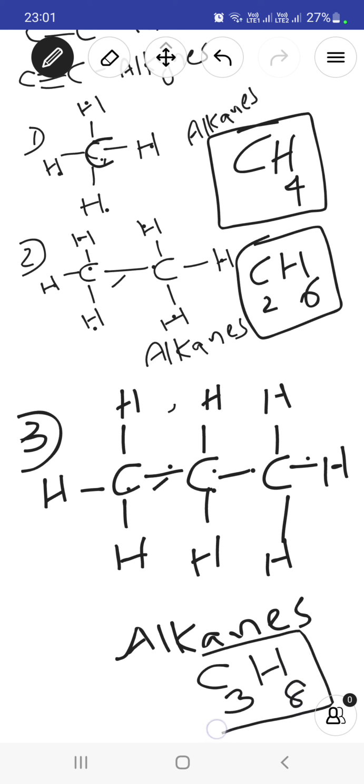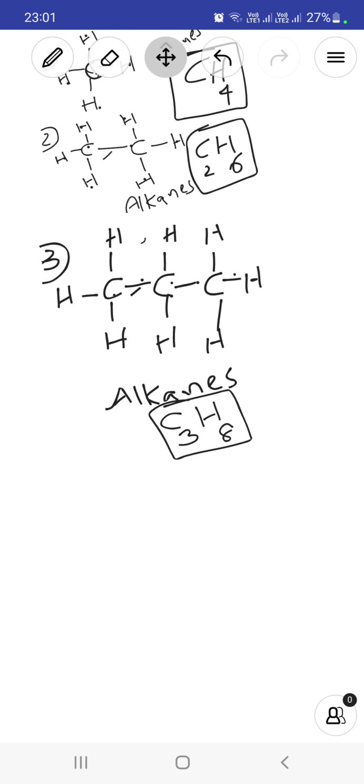From these 3 compounds, just find out the general formula for the relation between the number of carbon and hydrogen atoms. Just think about it. I hope you found it. If there is only one carbon atom, the number of hydrogen atoms will be 4.